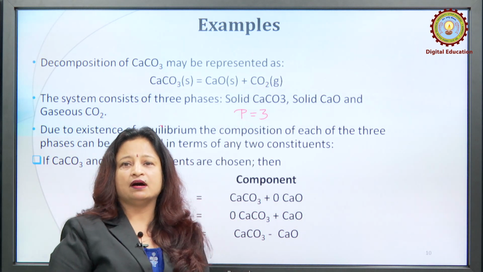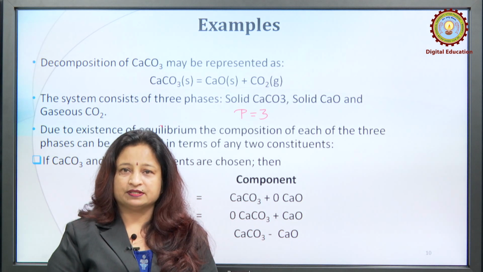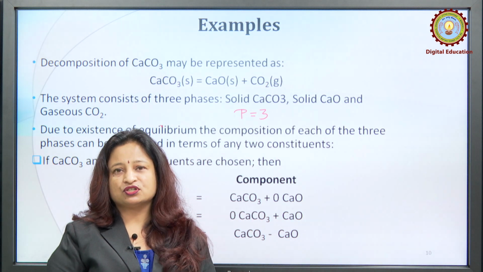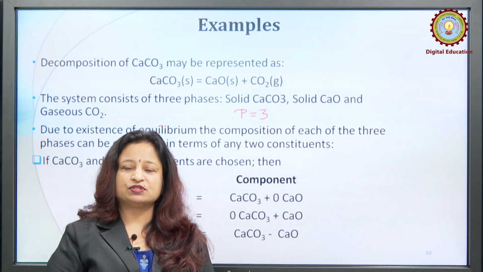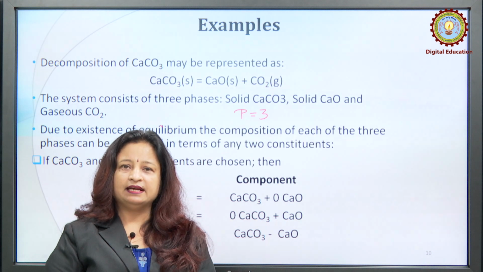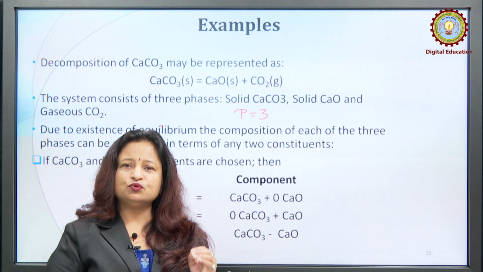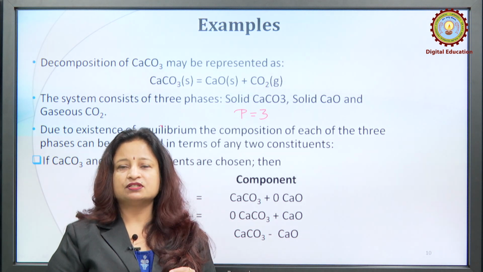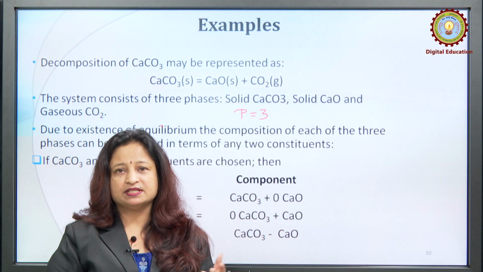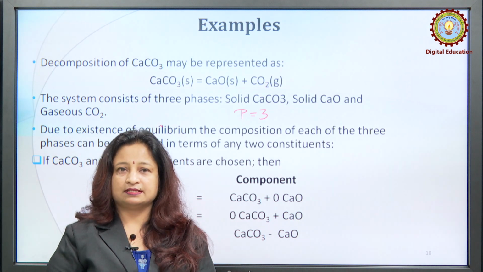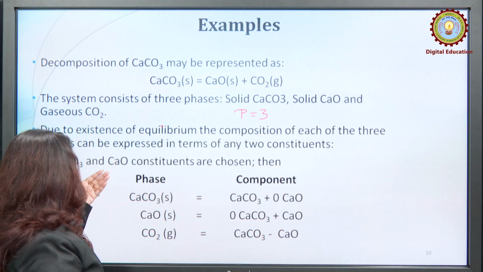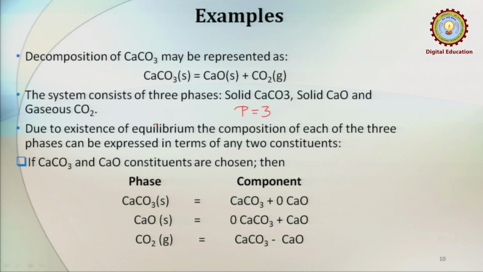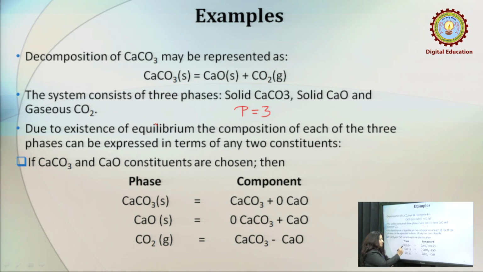Now we have to find out the number of components. Suppose we do not know the concentration or the composition of each constituent, so we have to see it in the form of equations. Let us consider that 2 chemical constituents are required to express the composition of each phase present in the system. So let CaCO3 and CaO, calcium carbonate and calcium oxide, be chosen.